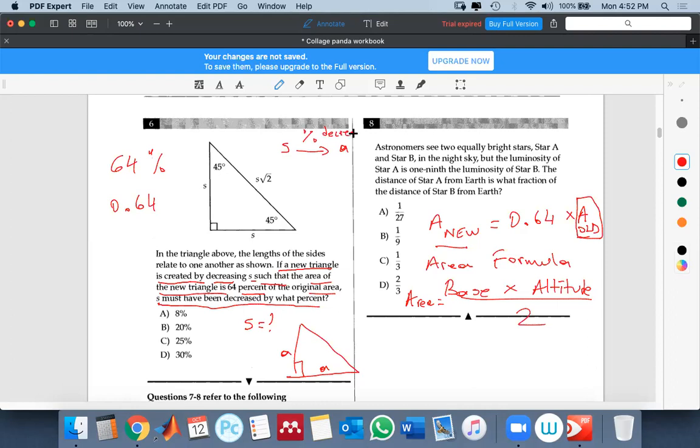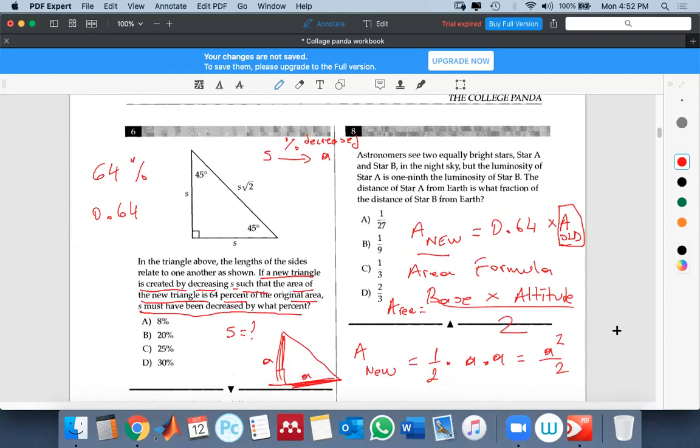Decreased and it has become A. I don't know A right now, but what I know is the new area. Area new is 1 over 2 times this side, which is A, times the other side. So base times altitude over 2. This is the new area, which is A squared over 2.